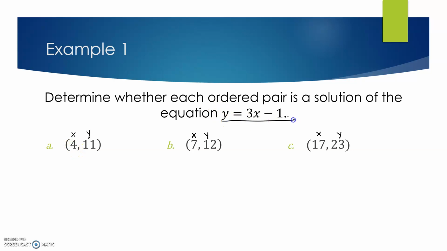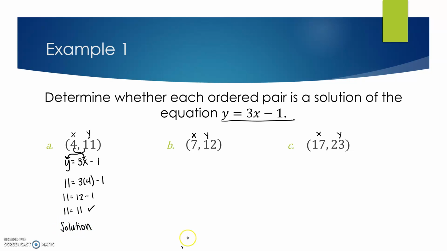I'm going to rewrite the equation first, and then substitute in 4 for x and 11 for y. So I'm going to get 11 equals 3 times 4 minus 1. So 11 equals 12 minus 1, 11 equals 11. That's a true statement. Those are the same numbers, so I can say that this is a solution. It makes a true statement.